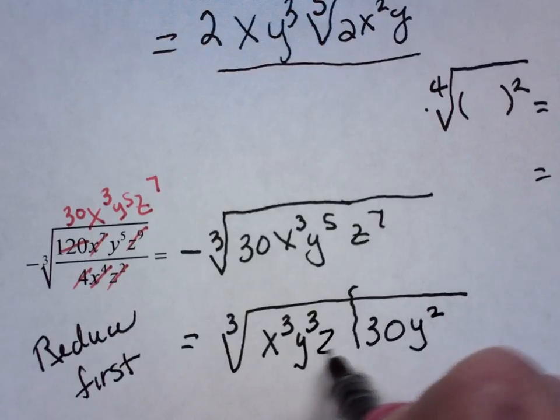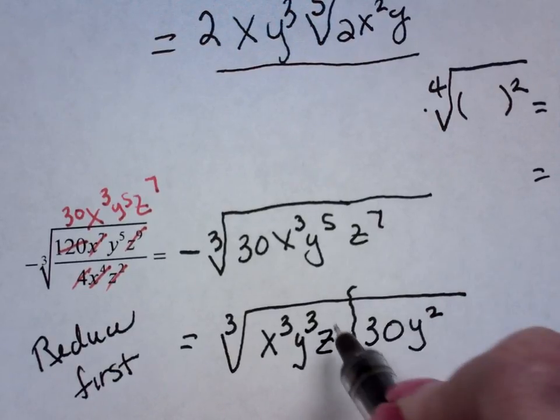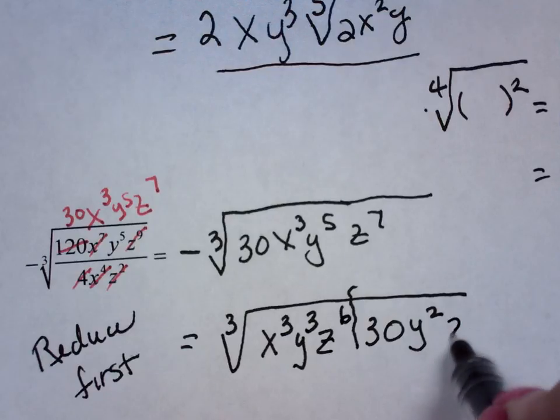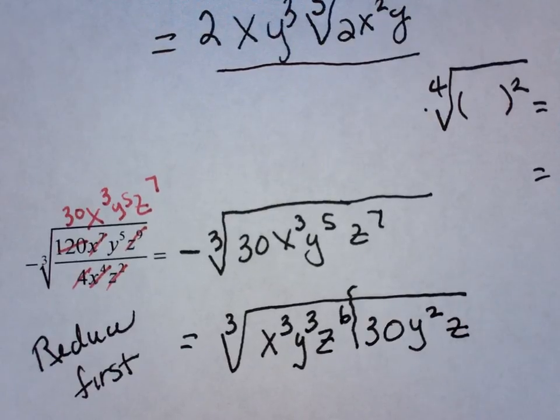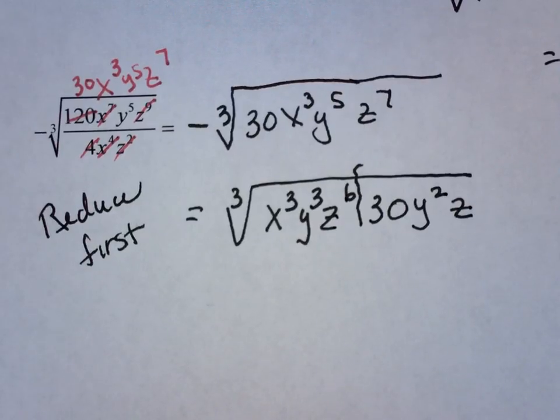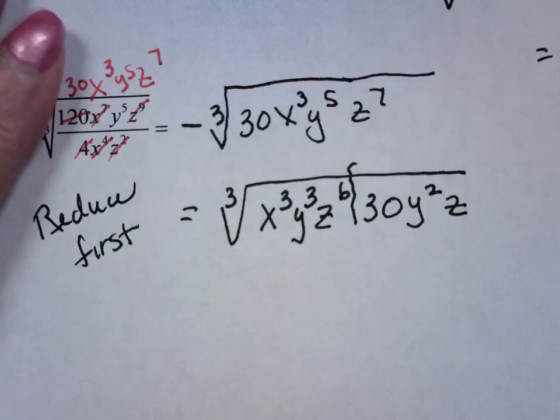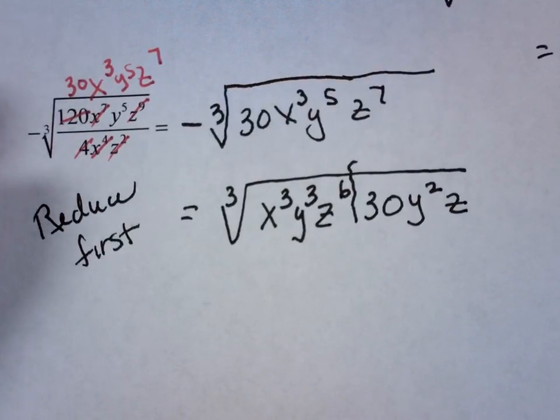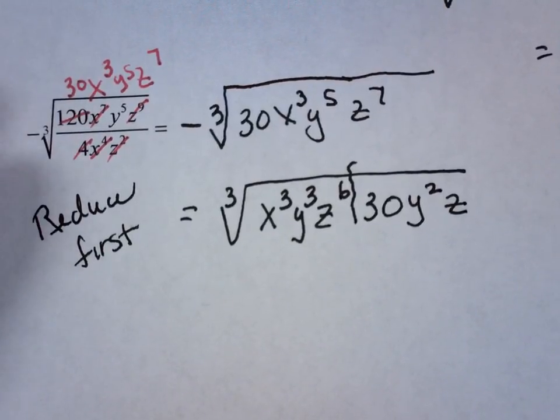And z to the 7th would be a 6 and 1 left over. You see, that's why we did that pre-homework yesterday, because that's the biggest part of doing these problems, is breaking them apart or breaking them down.